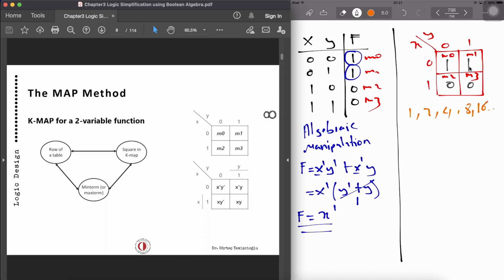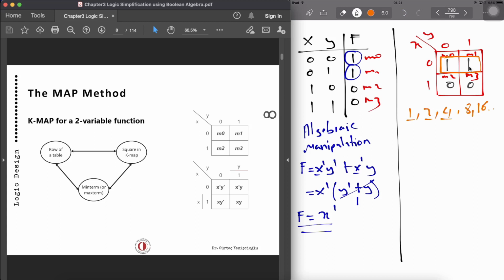Now, as we have a 2 variable map, we can have 1, 2, or 4 as a combination of ones. Now, I have 2 adjacent ones. That means I can combine them like in a square.